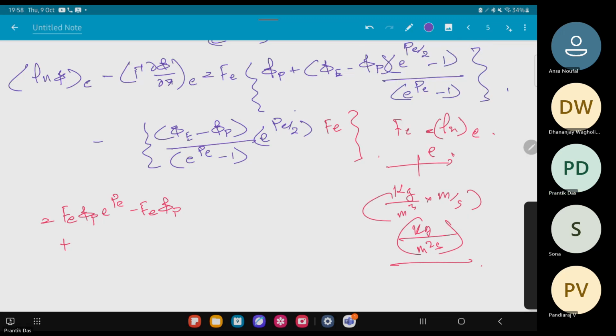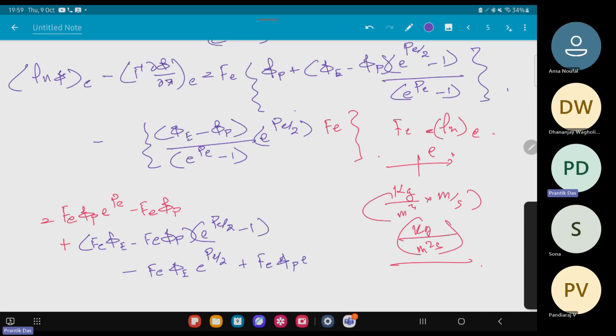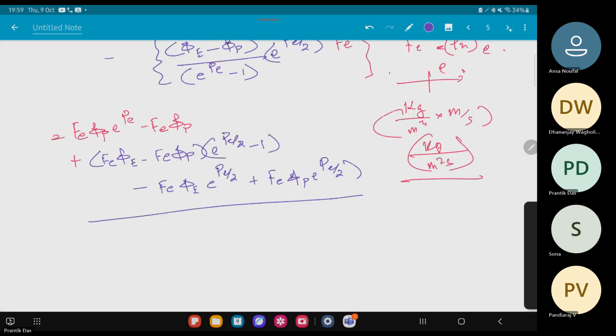So Fe phi e minus Fe phi p exponential of Peclet number divided by 2 minus 1, minus Fe phi e exponential of Peclet number divided by 2 plus Fe phi p exponential of Peclet number divided by 2, divided by exponential of Peclet number minus 1.